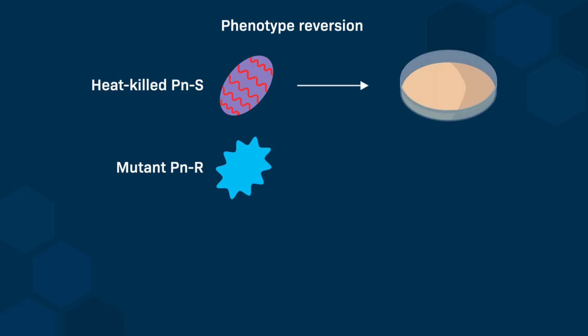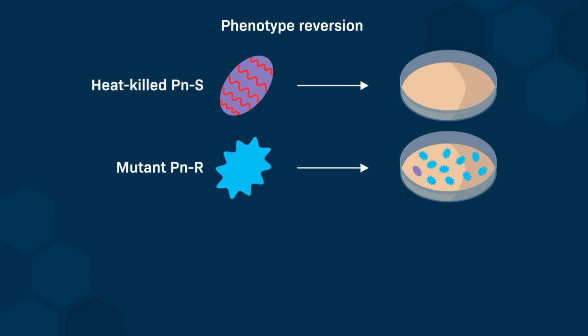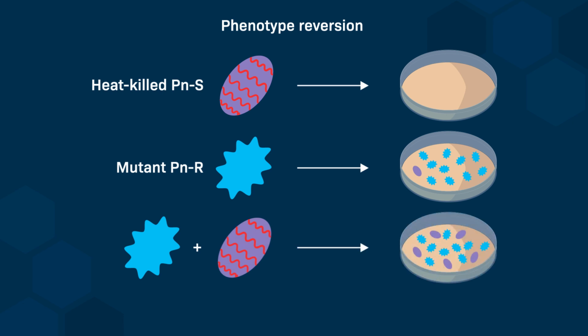Heat-killed PNS alone did not form colonies, while live PNR formed mostly rough colonies, with some smooth colonies at a frequency close to 10 to the minus 9. However, when live PNR was mixed with heat-killed PNS, smooth colonies formed at a much higher frequency, closer to 10 to the minus 2. This indicated that the observed transformation could not be explained simply by reversion, but rather by a distinct process.